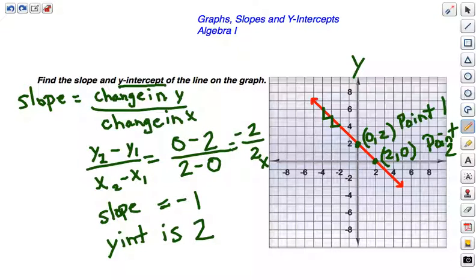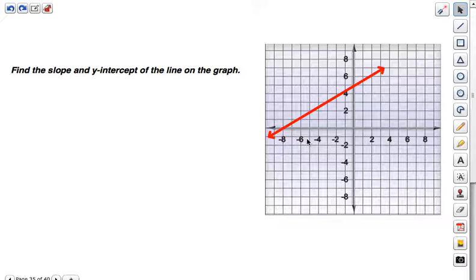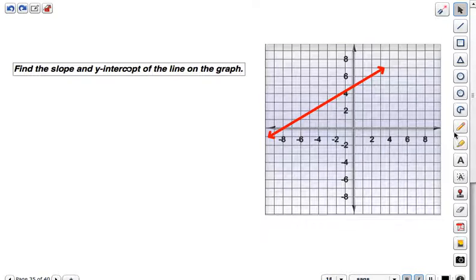All right, why don't we look at one more of these? All right, so we're given another line, and we're asked to find the slope and the y-intercept again. So to find the slope, I'm going to go ahead and select 2 points.